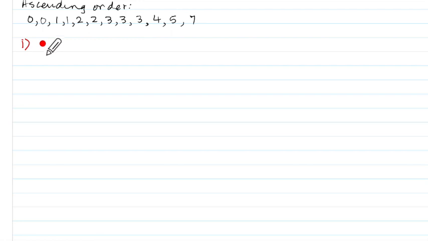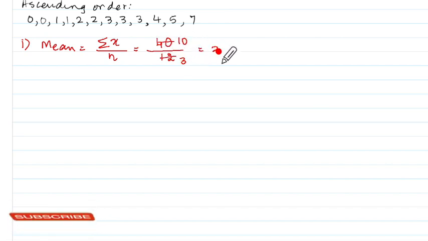Our first step will be to find the mean. Now mean is going to be sigma x upon n. Now sigma x, if you add all this, you get 40, and there are number of values 12. That will give us 3.33. And this will be our answer 1.